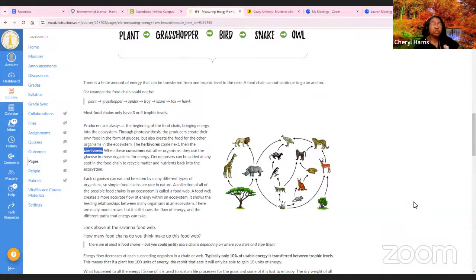Somebody, you can type it in the chat. Look at the picture and tell me, is there an omnivore, something that eats both plants and animals? And to be honest with you, I don't see one in this one.